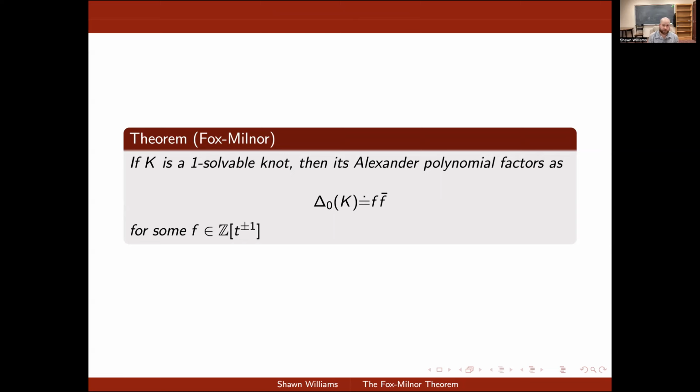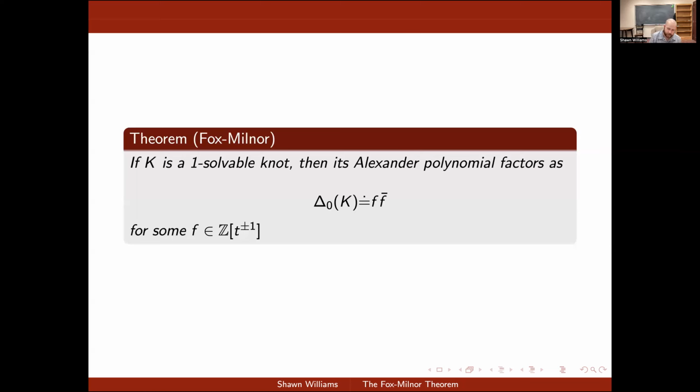I'm using one solvable here because the main result that is coming later in this video takes as its premise an integer solvable knot, not half integer. I would like to see if we can extend this to half integer, but at this moment in time, that's not what we have.